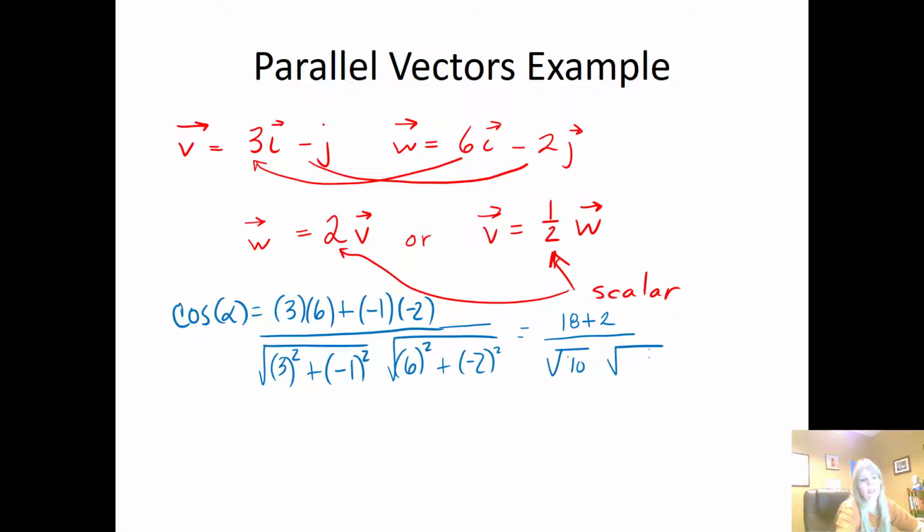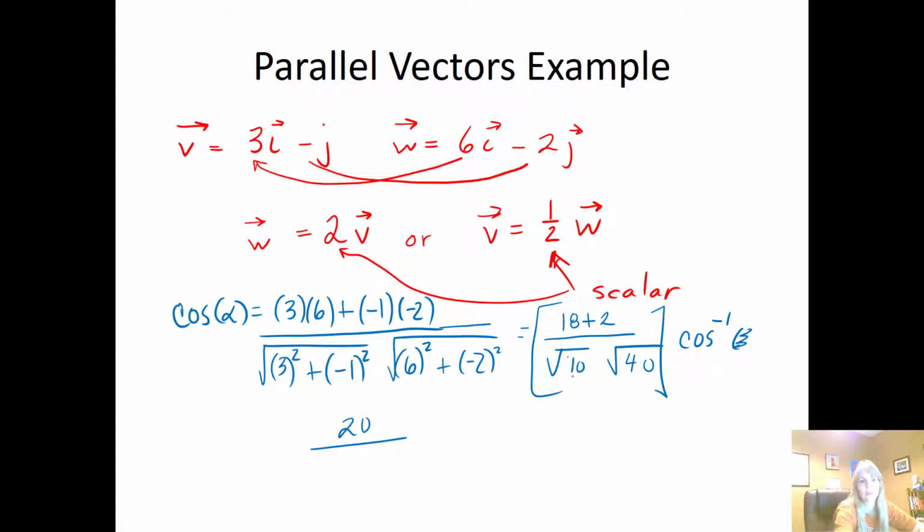And then this other piece would be 36 plus 4, so 6 squared plus 2 squared is 40, under the square root. If I throw this into my calculator and do the inverse, because I want to solve for alpha, you're going to see that the top is 20 and the bottom is 20 as well.